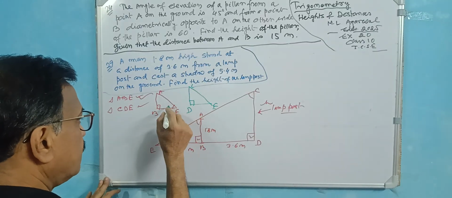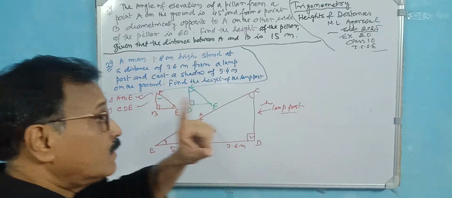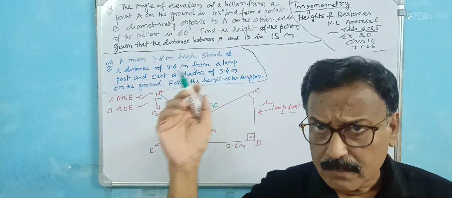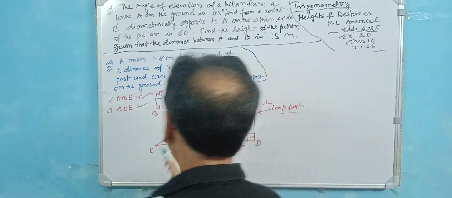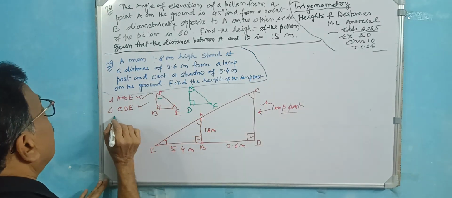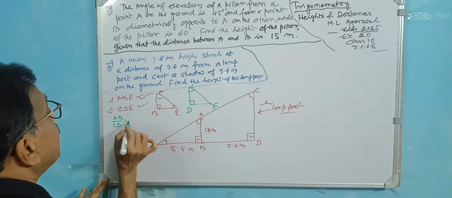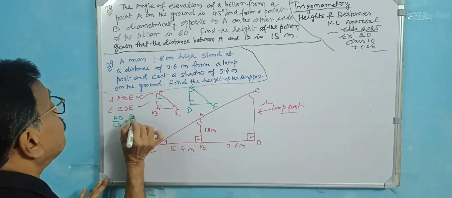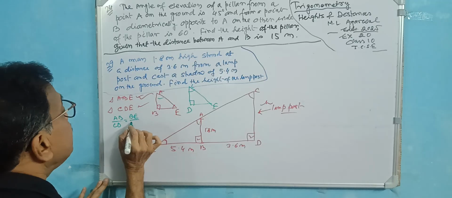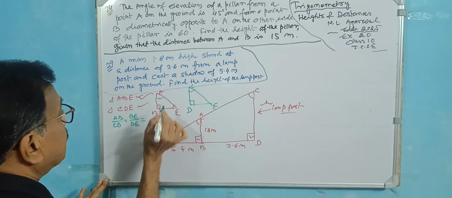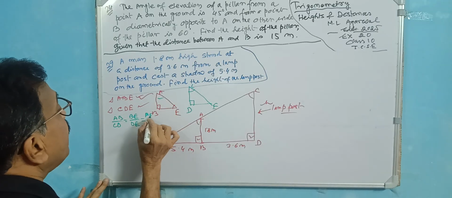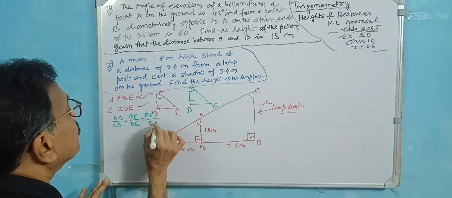This angle equals this angle, this angle, this angle. So what is the rule of similarity? The side ratios are the same. That means you write AB by CD equals BE by DE, and the same as AE by CE.